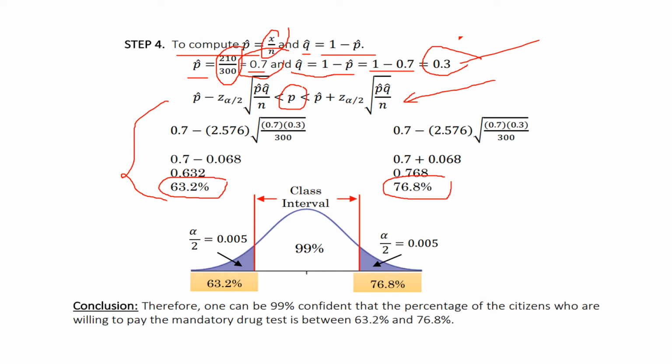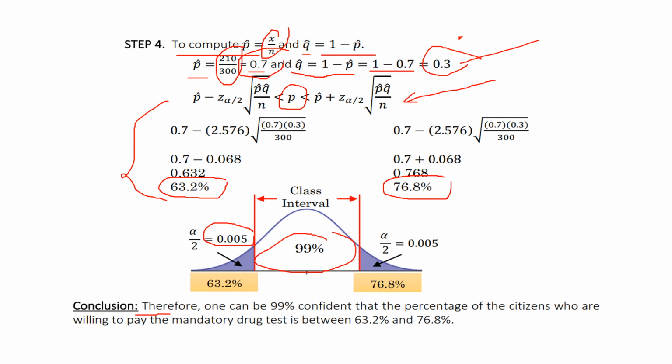Now, once we apply your alpha over 2, that will be 0.01 divided by 2. So that will be equal to 0.005. And your confidence interval is 99%.